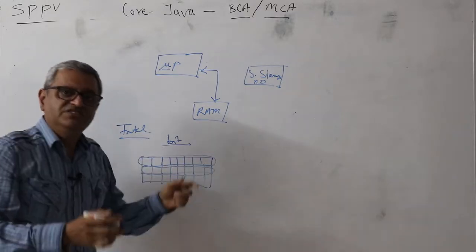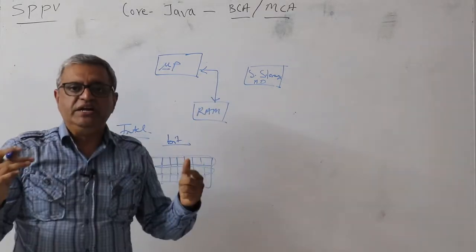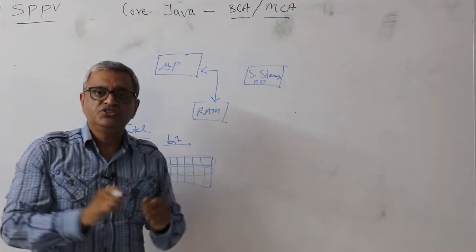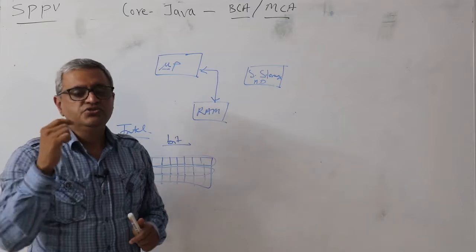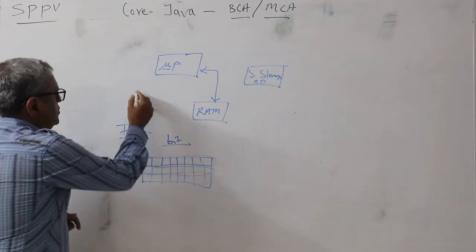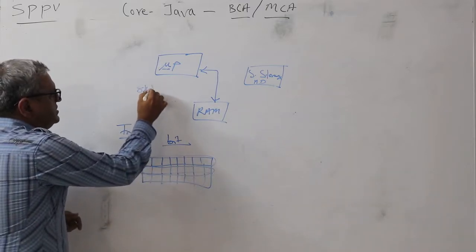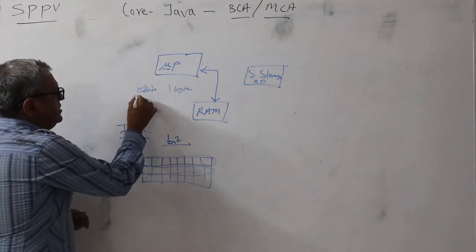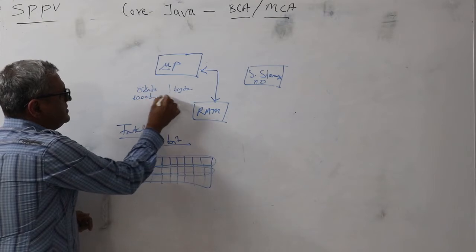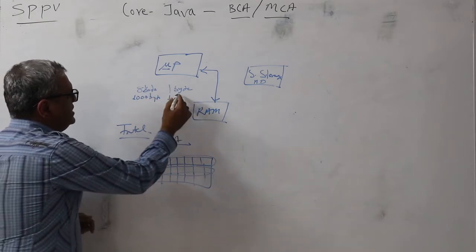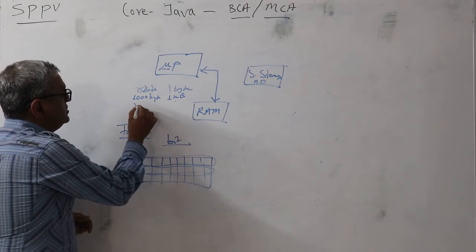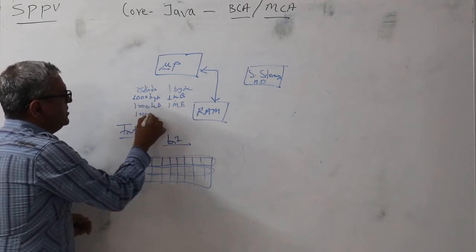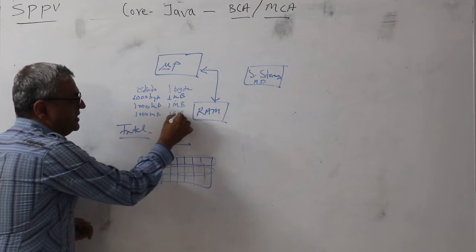You will have this collection of bytes in RAM, in which information is stored in the form of zeros and ones. 8 bits make 1 byte. Similarly, 1000 bytes make 1 kilobyte, 1000 kilobytes make 1 megabyte, and 1000 megabytes make 1 gigabyte.